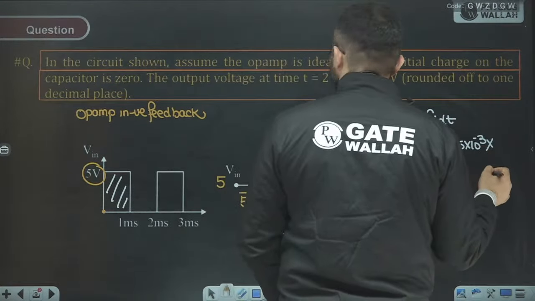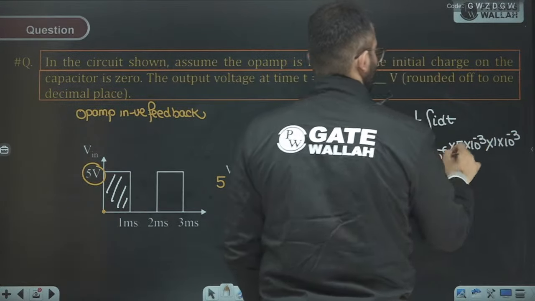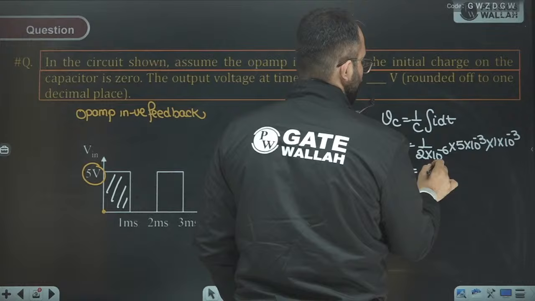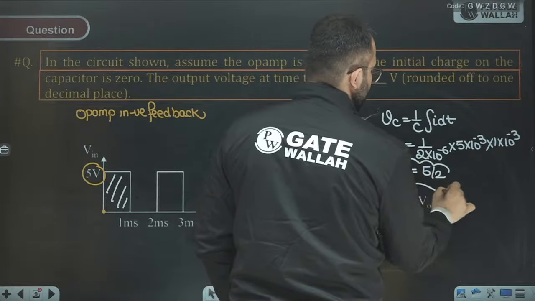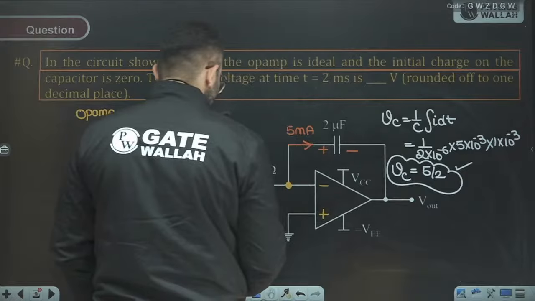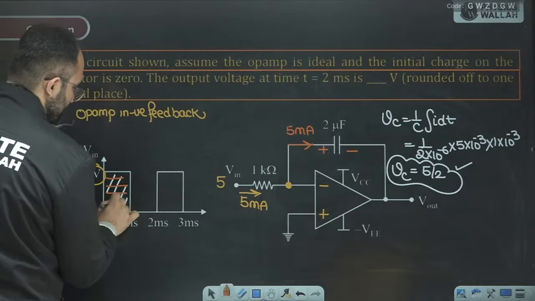So the capacitor voltage after 1 millisecond will be 5 by 2. Capacitor voltage after 1 millisecond will be this.